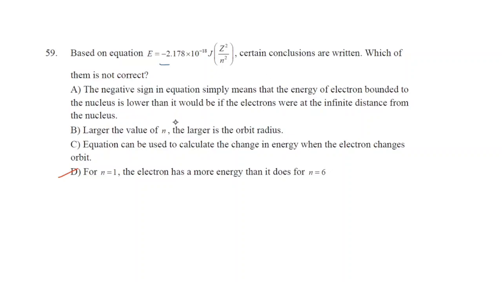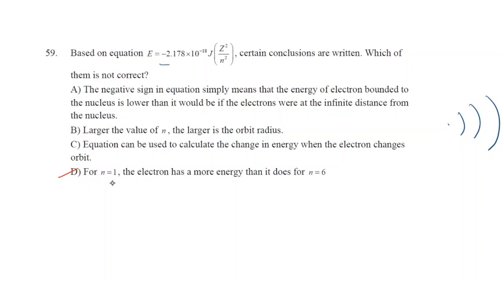Of course, larger the n value, larger is the orbit radius, according to Bohr's theory. And the equation can be used to calculate the change in energy when the electron changes its orbit. E2 minus E1 or E3 minus E2, you can calculate excitation energies or de-excitation energies. That is also correct. And what about this fourth one?